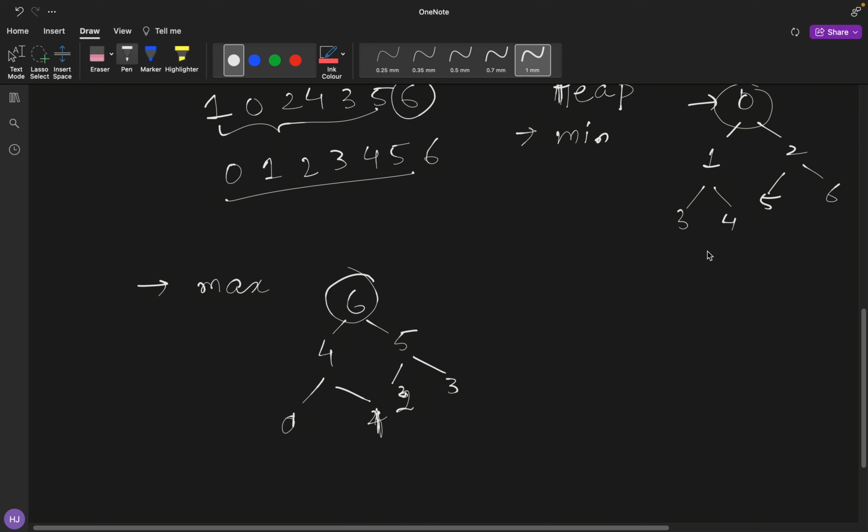So what is median? Let's get to the basic definition of the median. It's basically the middle value. In this list, since the size is 7, my middle value is 3.